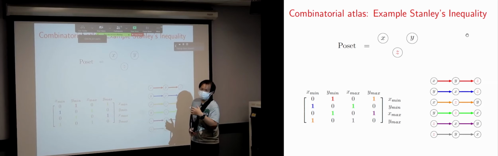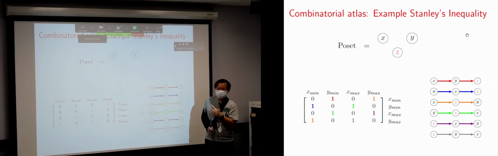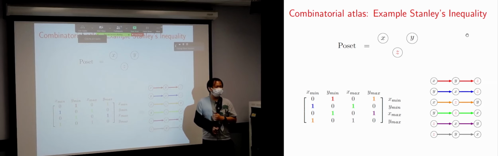In general, this can be pretty complicated as well. In general, for a poset there will be an extra parameter t, where everything minimum will be t, and everything maximum will be 1 minus t. That will be our vector, how we get h. Any other question?